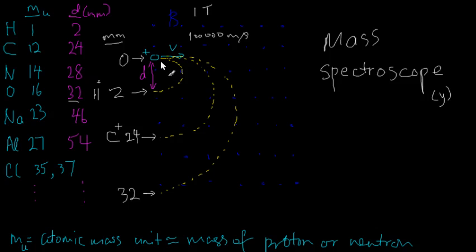So we must only pick those with a specific velocity, like say 100,000 meters per second. We must pick only those and allow them to come in to this magnetic field. Otherwise, the method won't work. So the next thing in this video that I'm going to talk about is how do we select the velocity that we want?